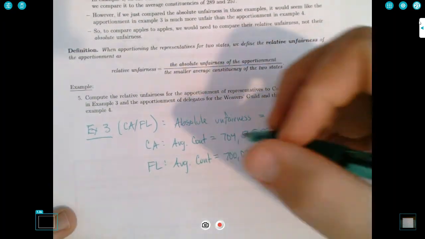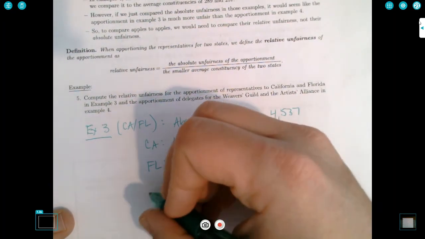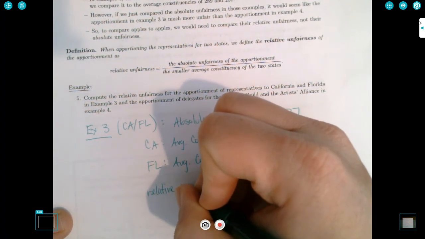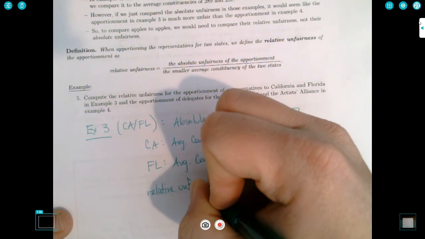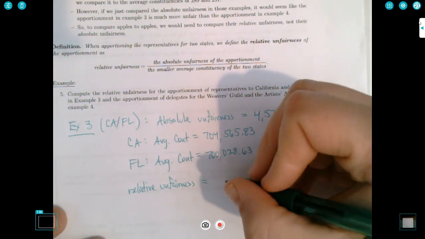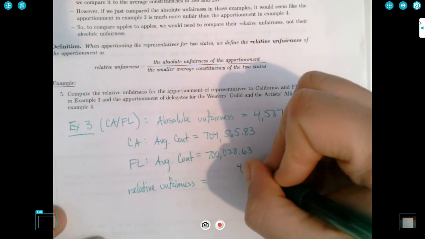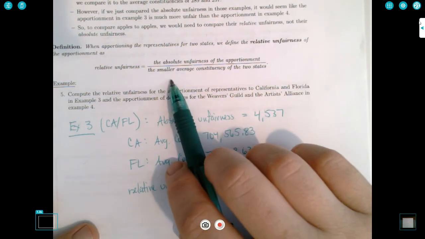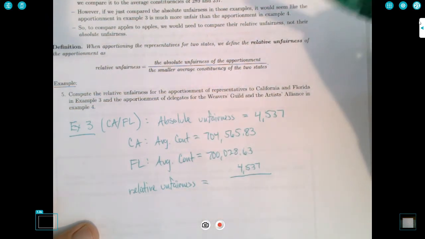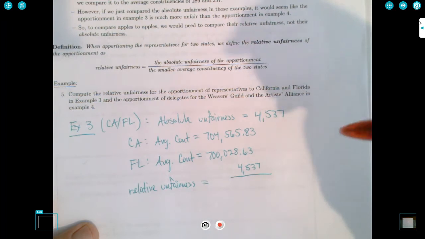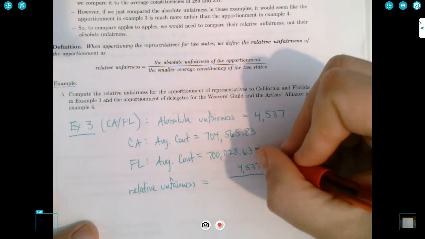So the relative unfairness is the absolute unfairness, 4,537, divided by the smaller of the average constituencies. That would be the 700, because this one's smaller.